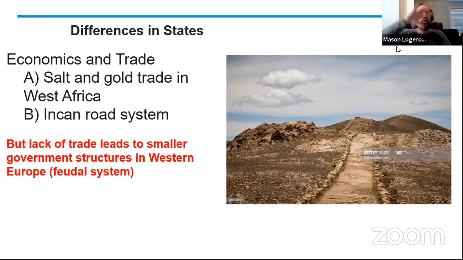Remember, if you think about all those trade routes across Afro-Eurasia, Western Europe is kind of off in the corner by itself and really was not involved in a lot of that trade across the Silk Roads or the Indian Ocean or the Sahara Desert routes. And so because of that, you don't see a ton of wealth coming into that area as well. And so you don't see any large governments or empires in that area.